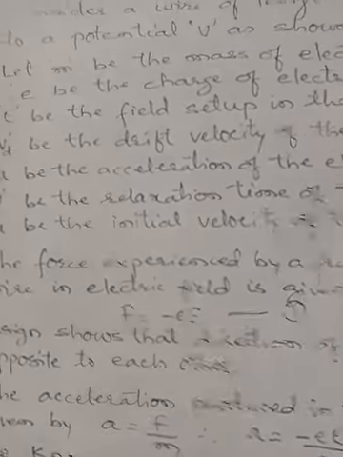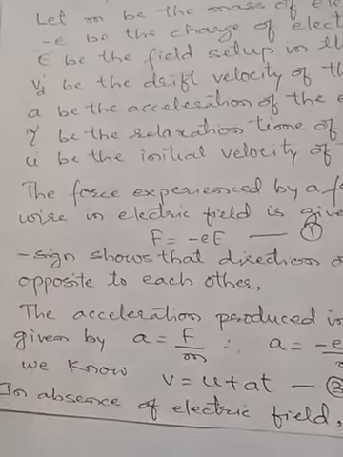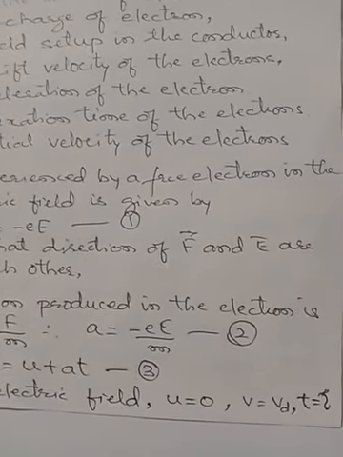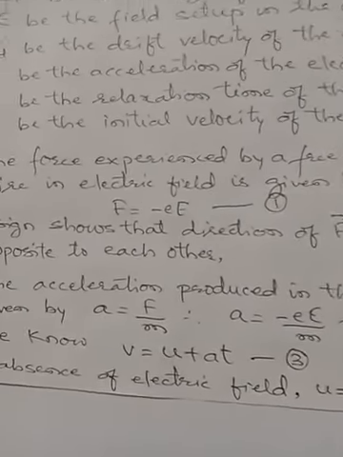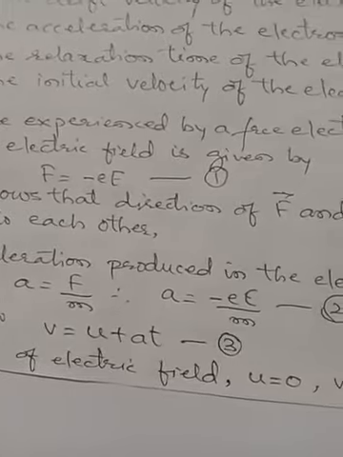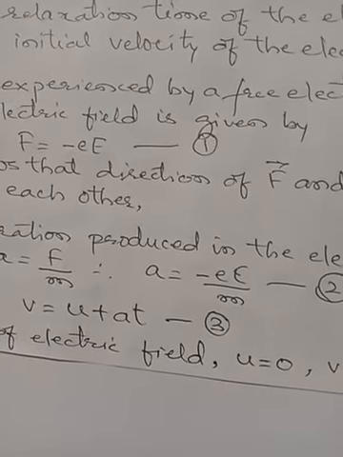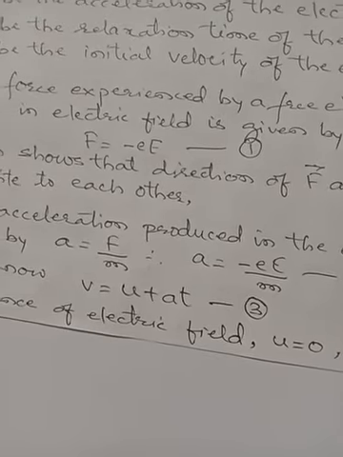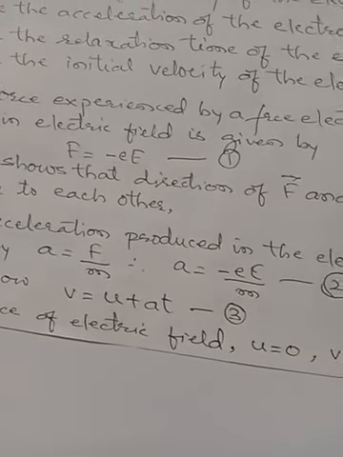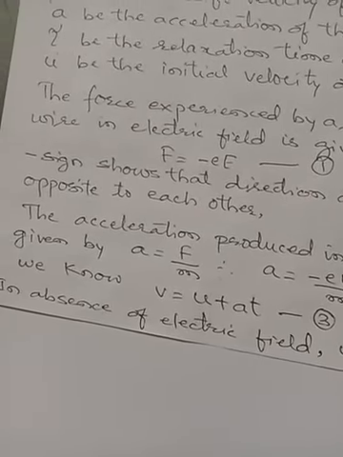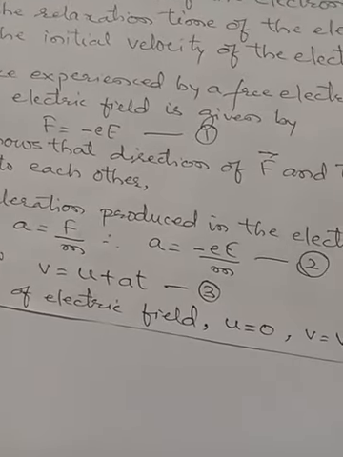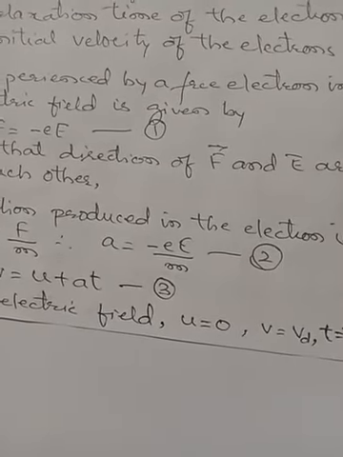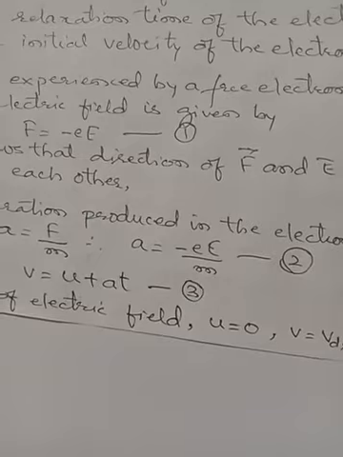Then acceleration produced by the electron is given by a is equal to F by m. Substituting the value of F, we will get a is equal to minus eE by m. Give this as equation number 2. Then we know that v is equal to u plus at. This gives us equation number 3.